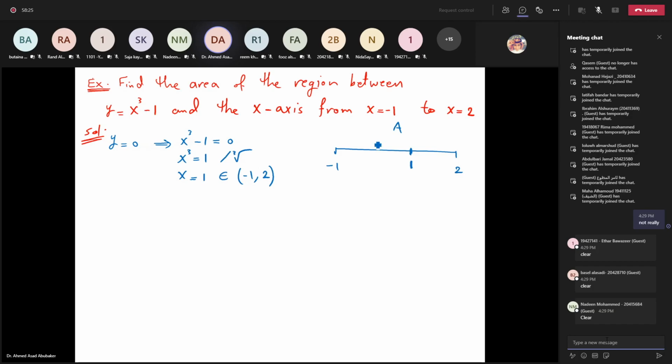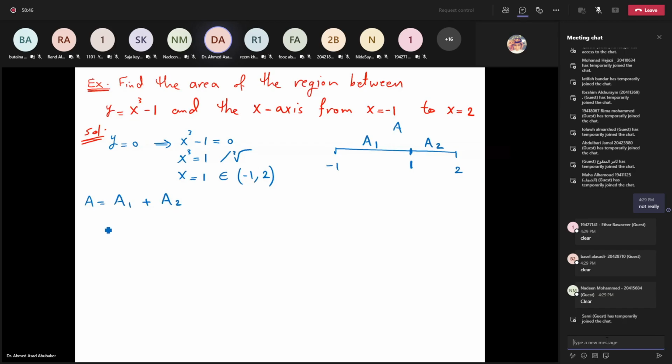So we divide the area into A1 and A2. A1 from minus 1 to 1, A2 from 1 to 2. So the area, because we have the zero between minus 1 and 2, equals A1 plus A2. The area A1 is the integral from minus 1 to 1 of x to the power 3 minus 1 dx, and the area A2 is from 1 to 2 of x to the power 3 minus 1 dx.